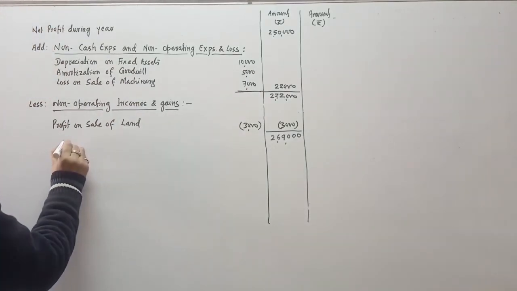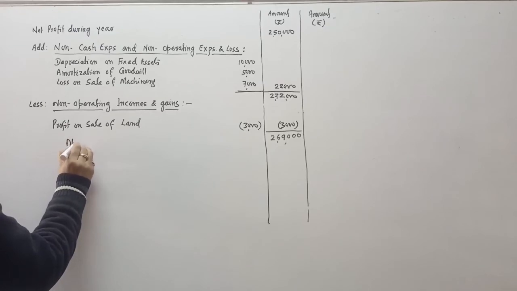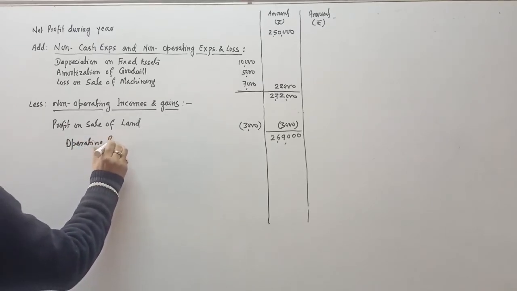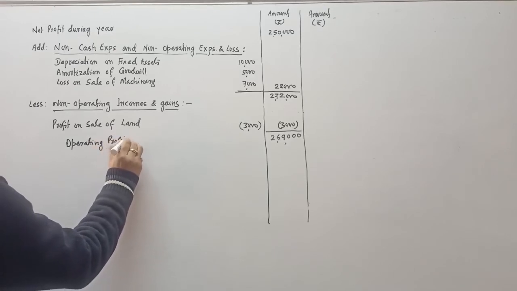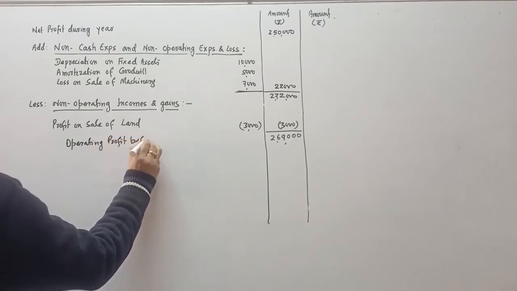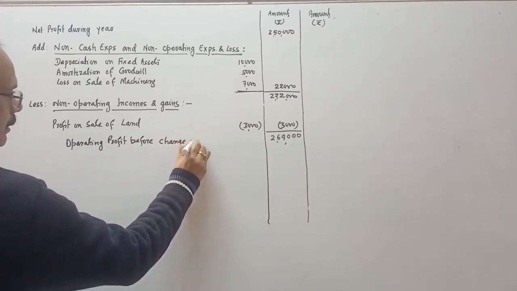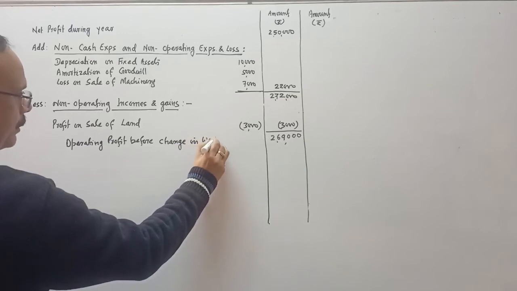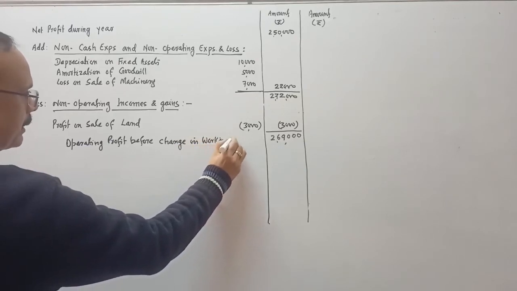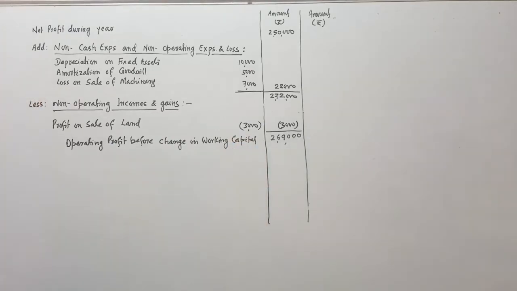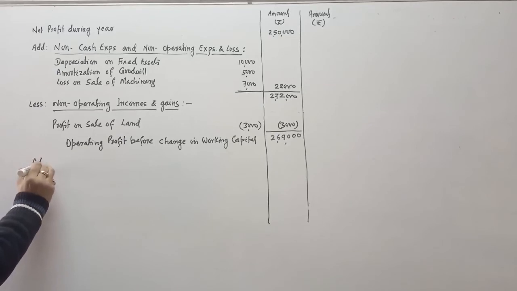So we'll write it over here: operating profit before change in working capital. Now, what will we add?